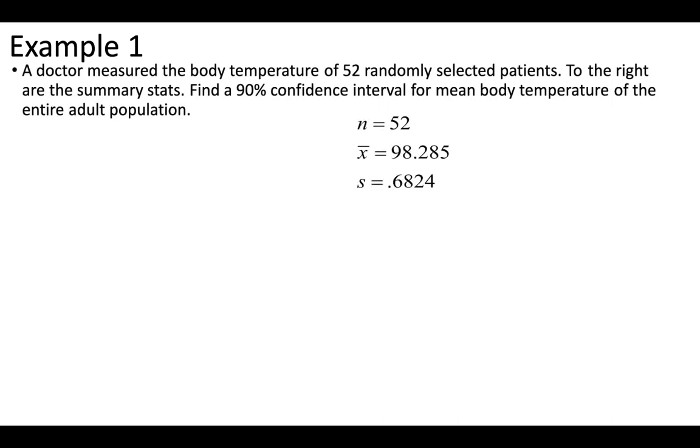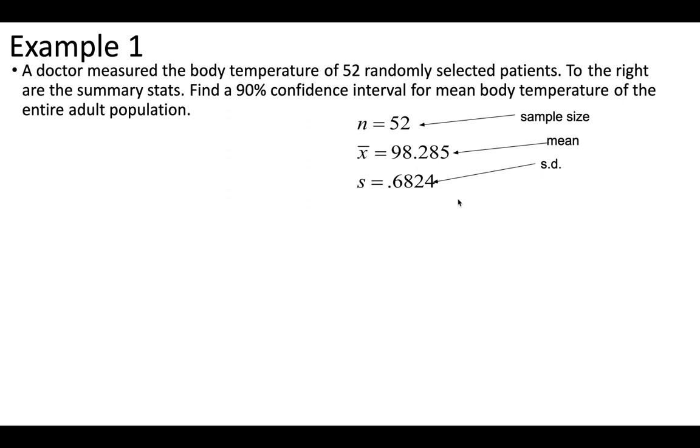This was an example I took from the textbook. A doctor measured the body temperature of 52 randomly selected patients, and here is the data. They gave us the sample size, the mean, and the standard deviation.